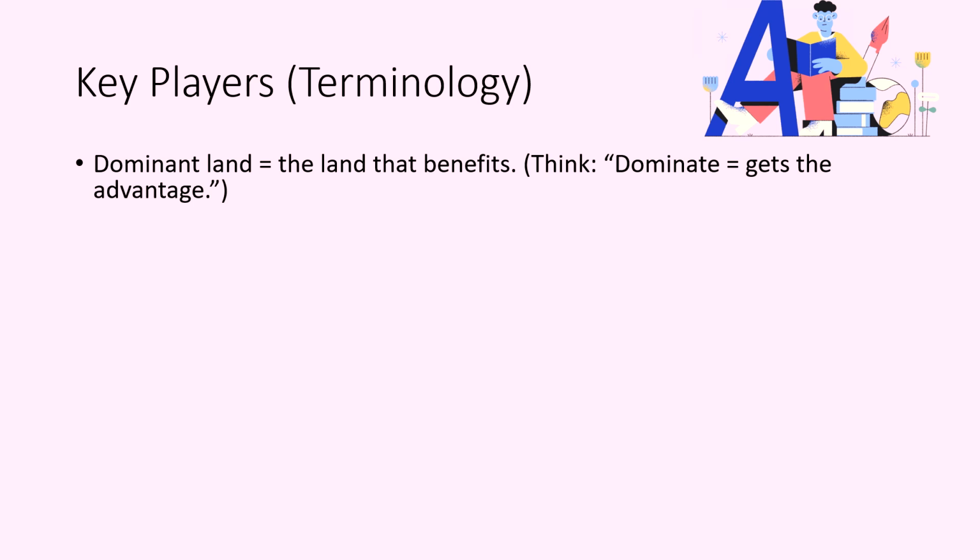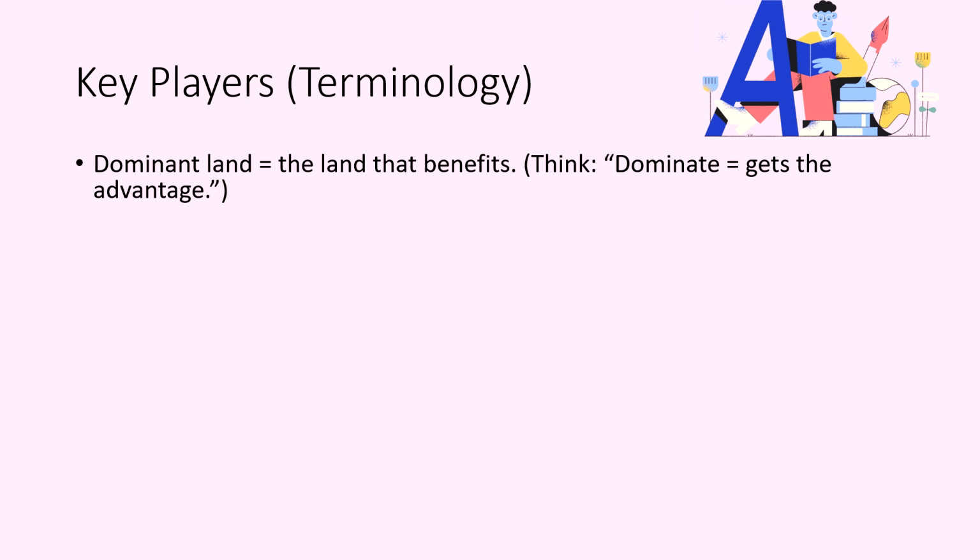So dominant land is the land that benefits and gets the advantage. So that should be quite clear. It's pretty self-explanatory, although maybe not the ideal wording for it. You will get the gist.